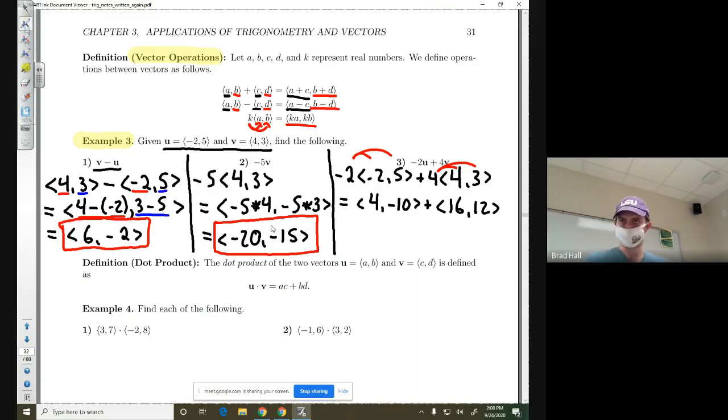So hopefully that's not too much of a stretch. And then from here we can add the vectors together component-wise. 4 plus 16 is, of course, 20. -10 plus 12 is 2.